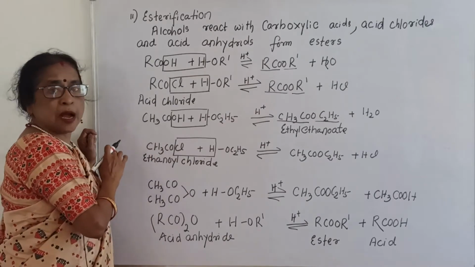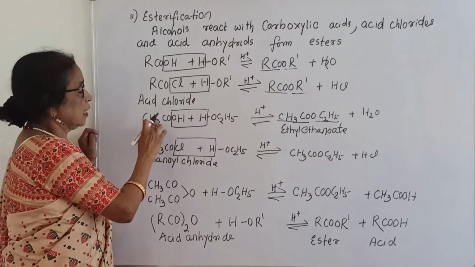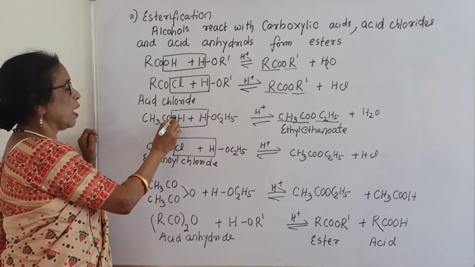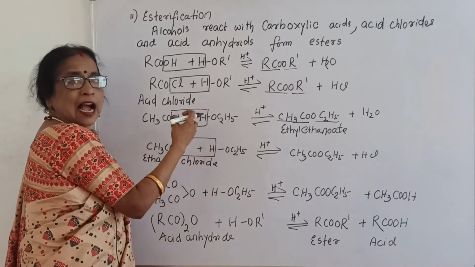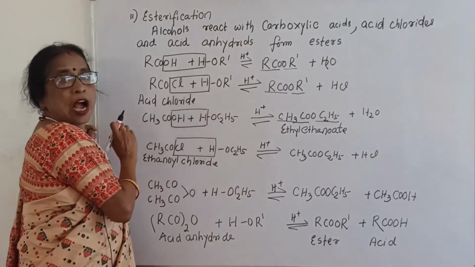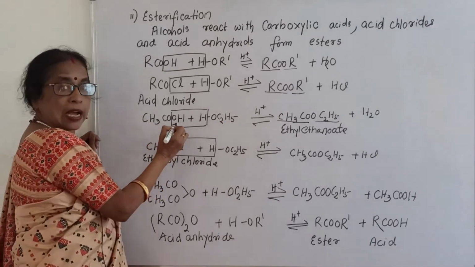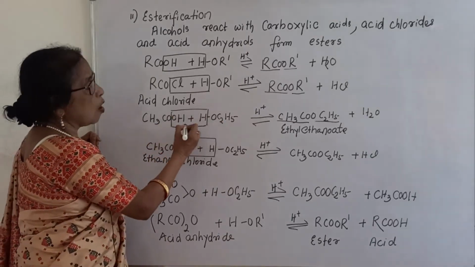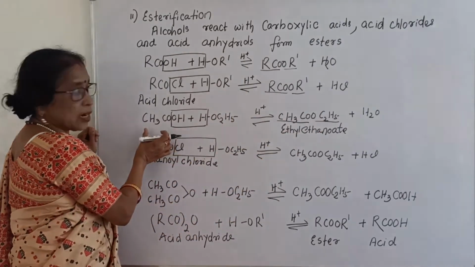Next come to an example. This is acetic acid by common name, CH3COOH. C2H5OH is ethyl alcohol. So what happens when they combine? I have shown here how a water molecule is produced as a byproduct, and what is remaining?